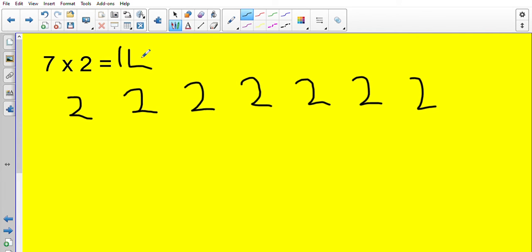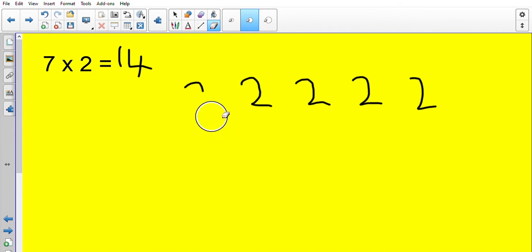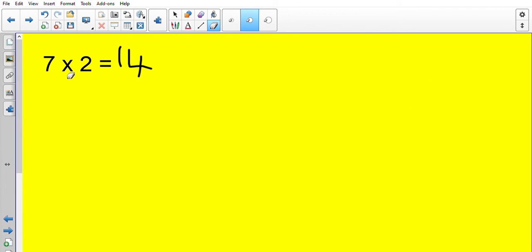If you've been doing lots of TT Rockstars practice, you should be getting quick at working these out in your head. So let's have a look at what the inverse is going to be. So this one was a times question. So the inverse is going to be, that's right, division.